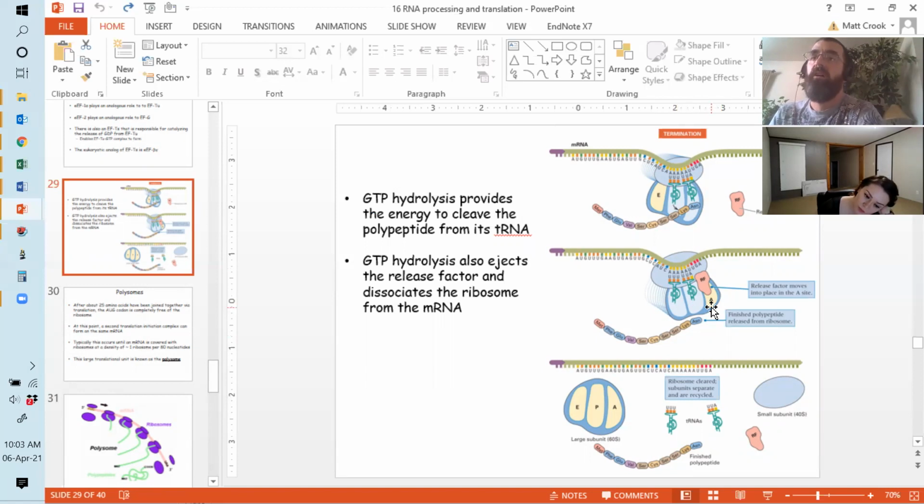So now we have our nascent polypeptide chain released from the ribosome. This isn't necessarily a functional protein right now. It needs to fold. It might need subsequent processing. There are a lot more steps involved in protein production than just producing the polypeptide chain. But for our purposes right now, this is the end of the translation process.